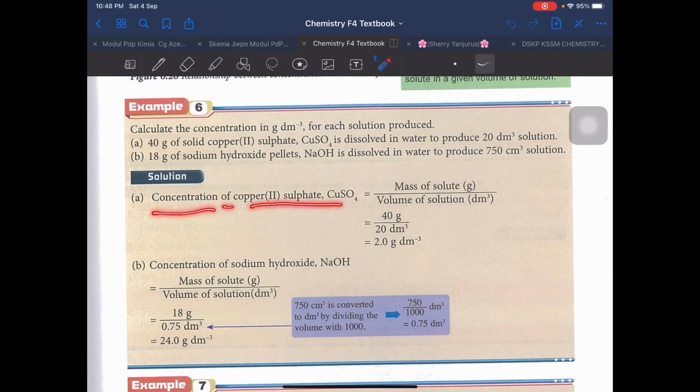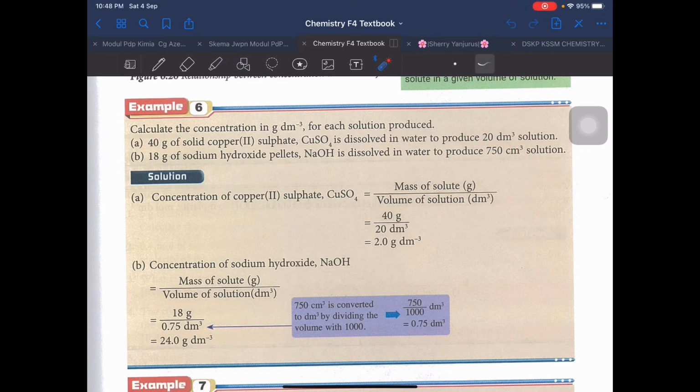Concentration of copper(II) sulfate, sebab ini yang soalan mau, is equal to mass of solute. Okay, mass of solute tu yang inilah 40 gram solid sudah diberi dalam soalan, over volume of solution. How much? It's 20 cubic decimeter pun sudah diberi dalam soalan.